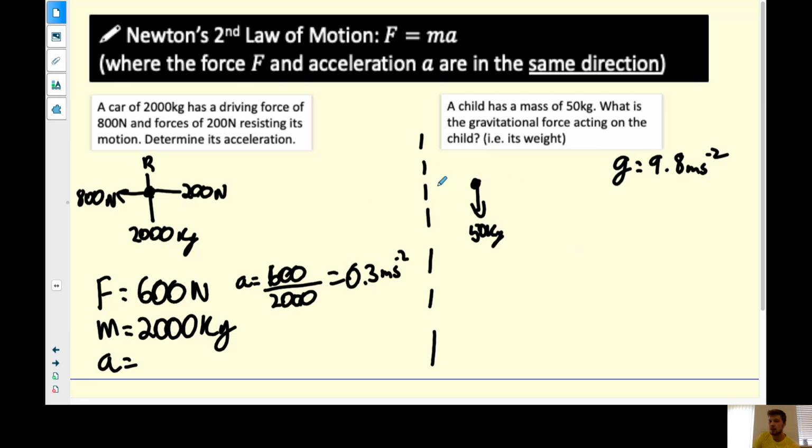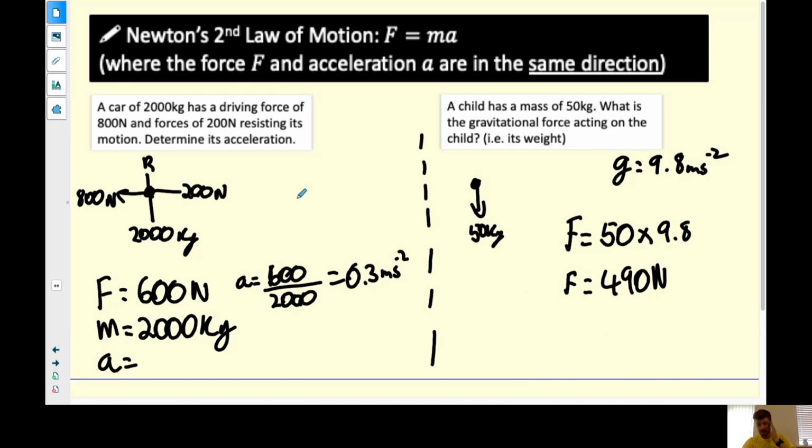There is no horizontal and vertical forces, and we just want to know what's the force of gravity. So the force is going to be the mass, which is 50, multiplied by the 9.8. So 50 multiplied by 9.8 would again be 490 newtons.